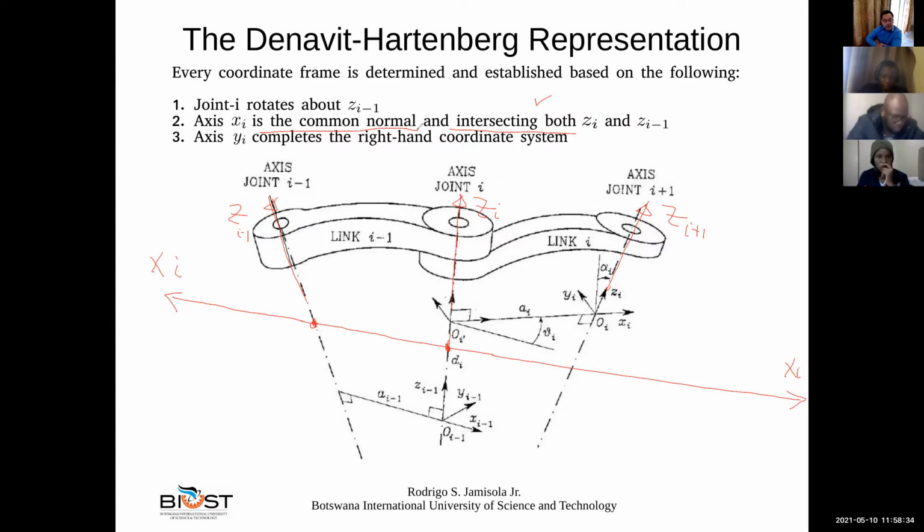That's the constraint, a requirement. So we need to find a way for it to be perpendicular to both axes and also intersecting. As you can see, this is the one. If we find this axis, it is perpendicular to both.